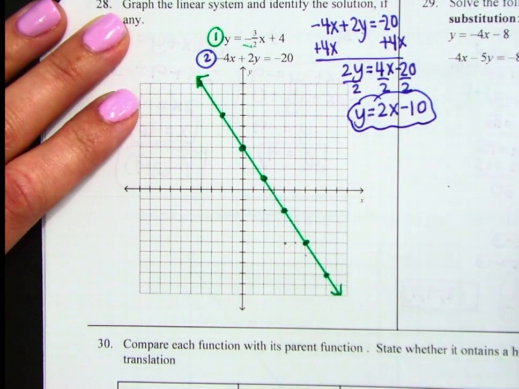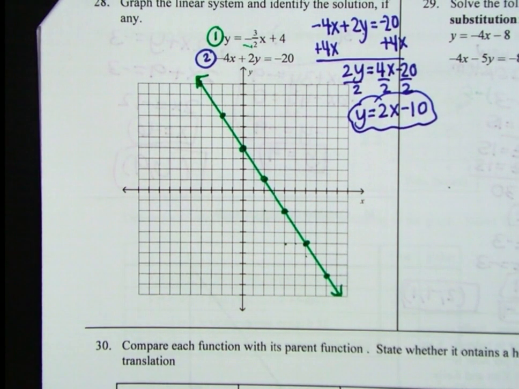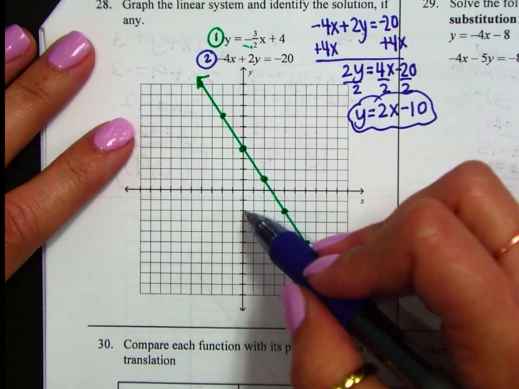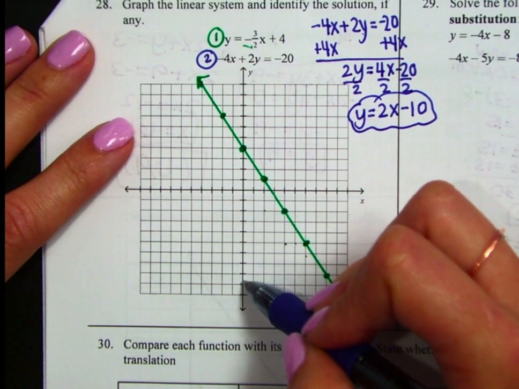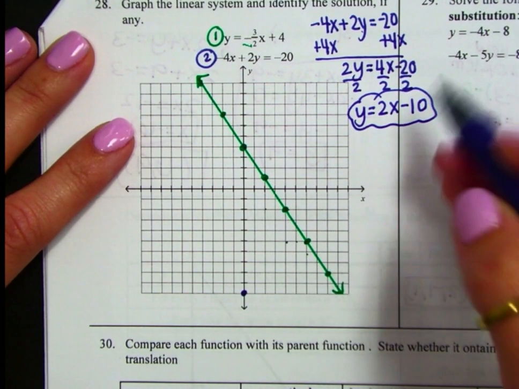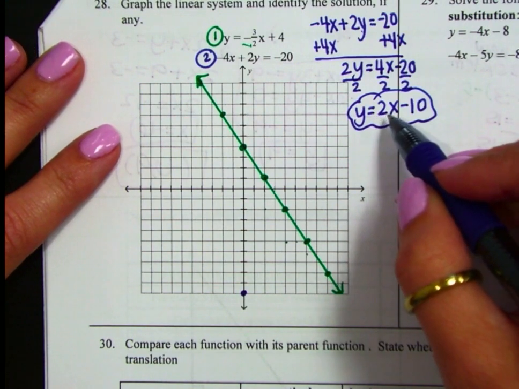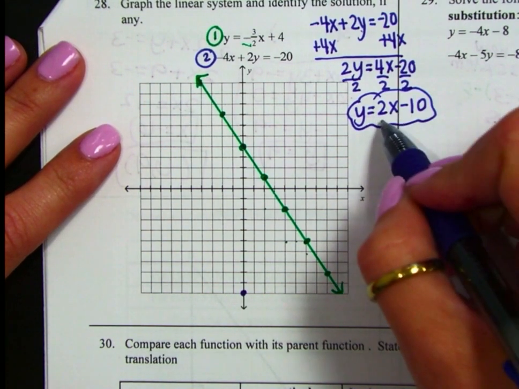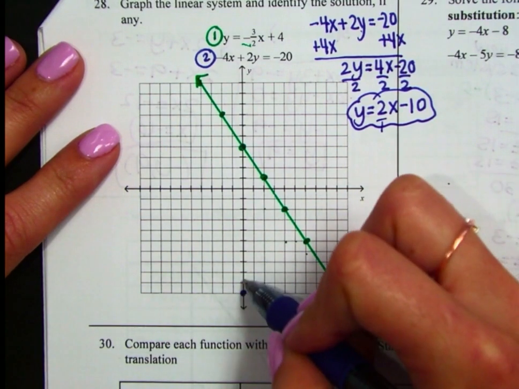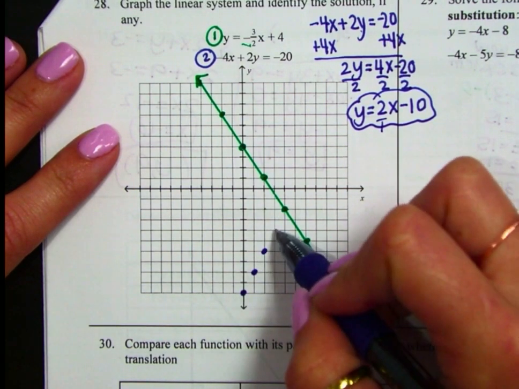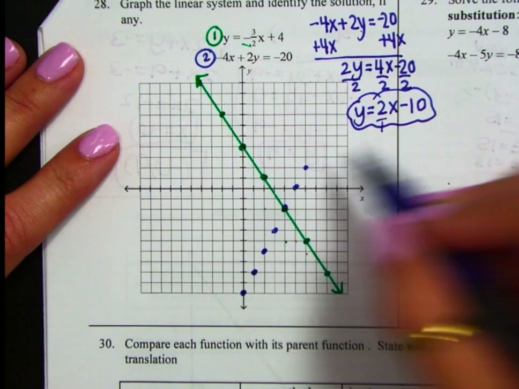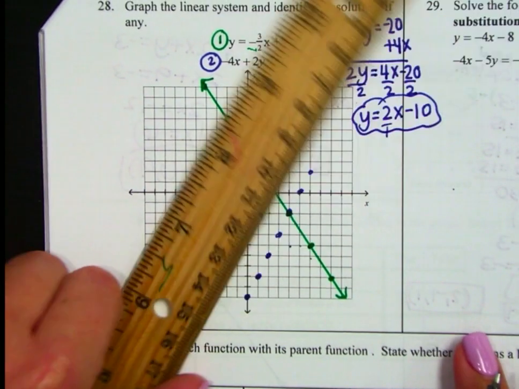So this is my second line that I'm going to graph. I'm going to start at -10 on my y-axis, and then my slope is 2. So I'm going to rise 2 and run 1. Rise 2, run 1. And I can already see where these lines are going to intersect.